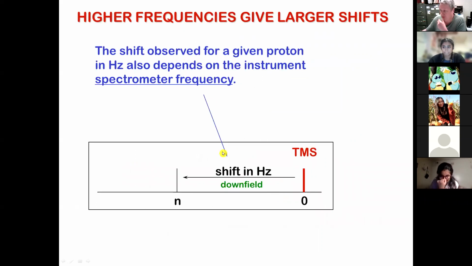So the shift observed in hertz is dependent on the spectrometer frequency. We figured out in the 60s or so that we can normalize the x-axis to be independent of the magnetic field strength.